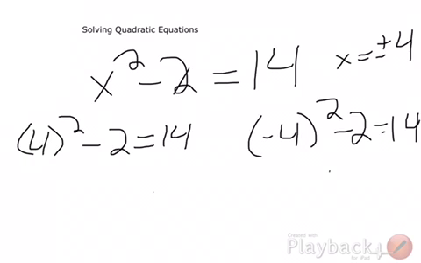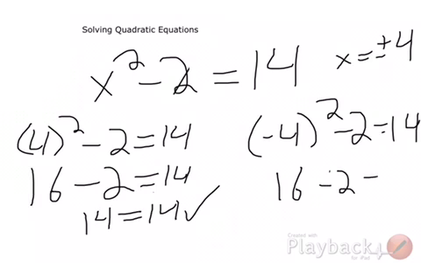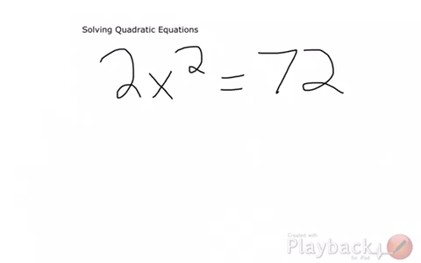So I'll plug 4 into the equation. 4 squared is 16. Minus 2 should be 14, and that does check out. 14 does equal 14. And the other one, negative 4 squared, negative 4 times negative 4 is 16. Minus 2 is in fact 14, so it balances out, which means it checks.